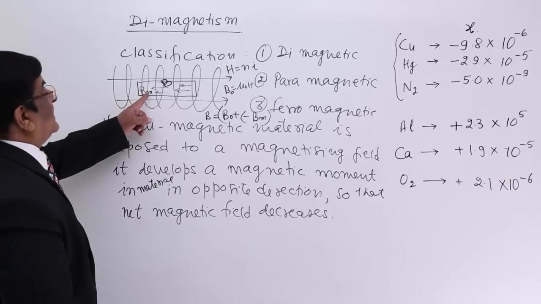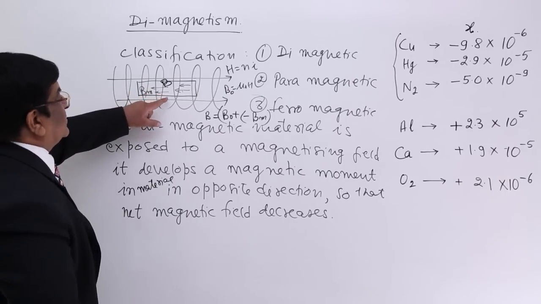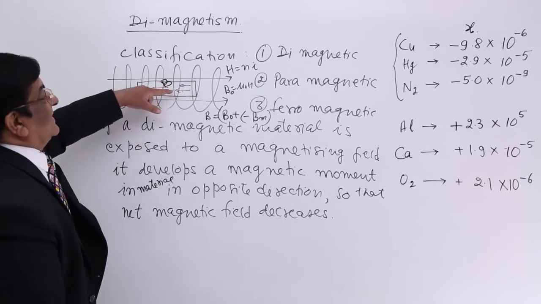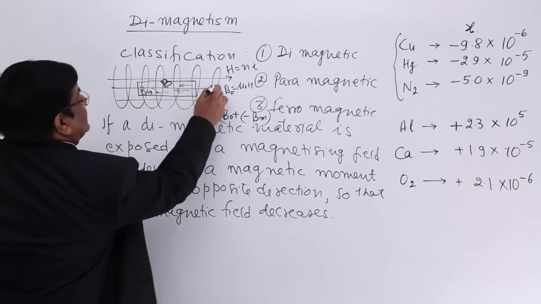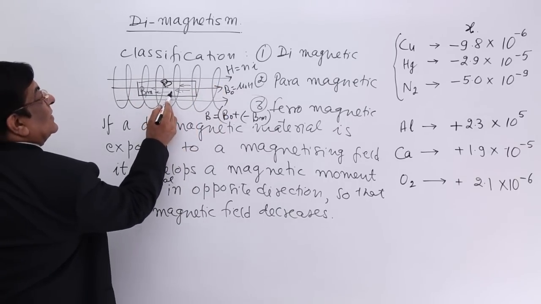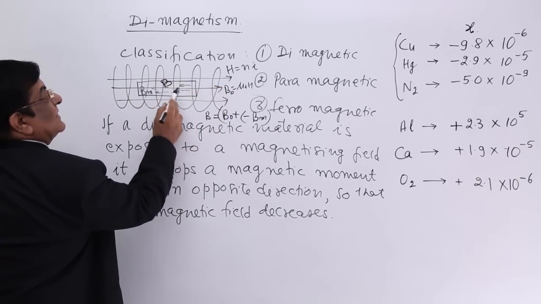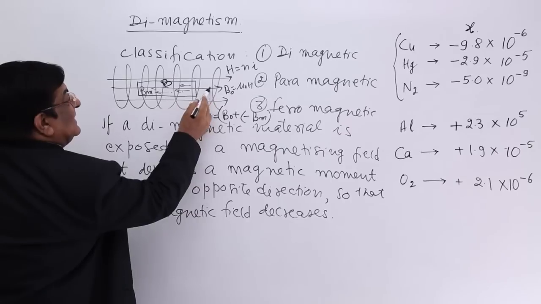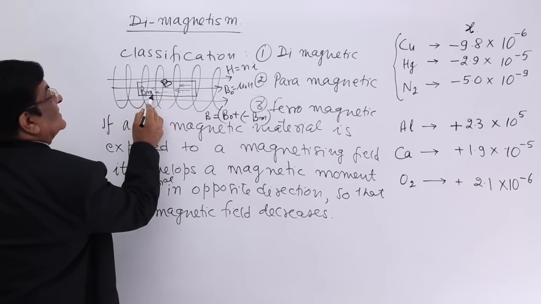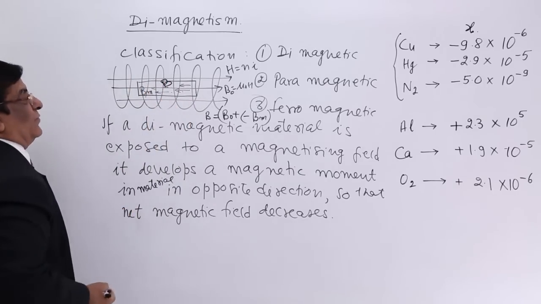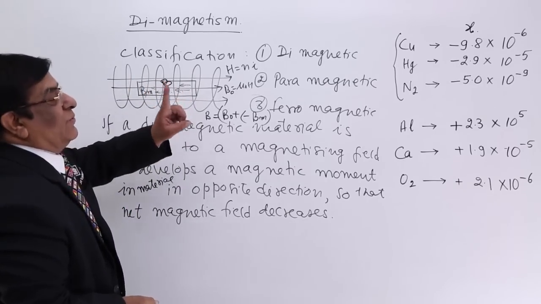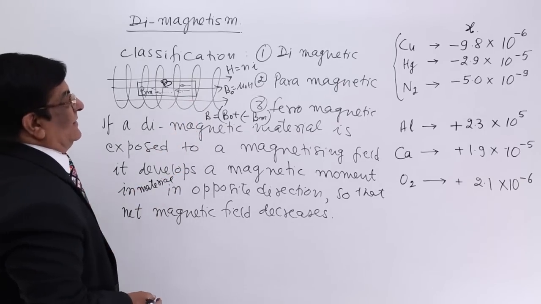Bm is the magnetization developed in the material. B naught is applied by the current, minus the magnetic field developed in the material, which is in the opposite direction. Such material is known as diamagnetic material.